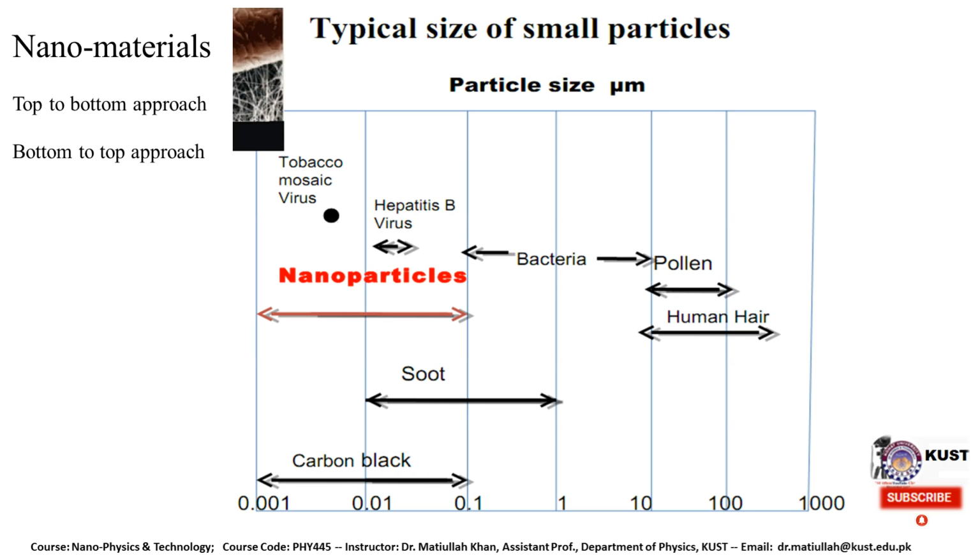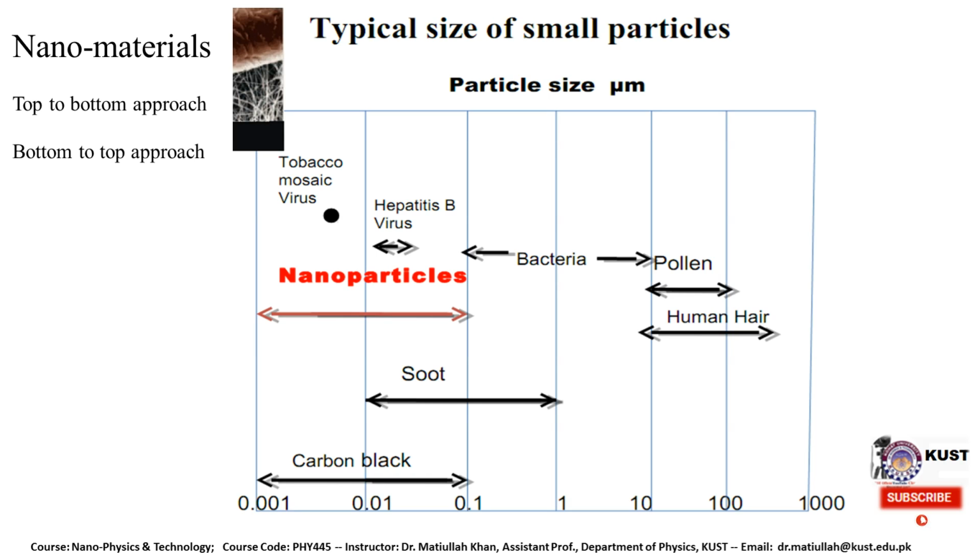The human ear comes in the range of 100 to 150 micrometers. Similarly, pollen comes in the range of 10 to 100 micrometers. Bacteria come in the range of 0.1 to 10 micrometers, and soot comes in 0.01 to 1 micrometer size.